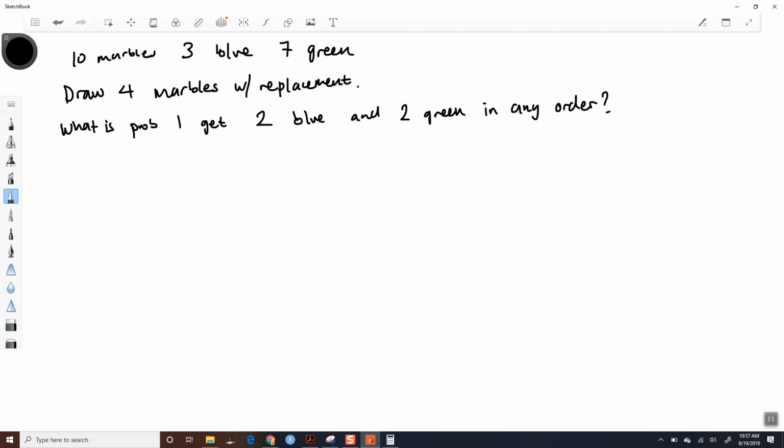All right, this question kind of sucks. If we had to do it manually, because if I say in any order, we have to think of all the possible arrangements where we can get 2 blue and 2 green.